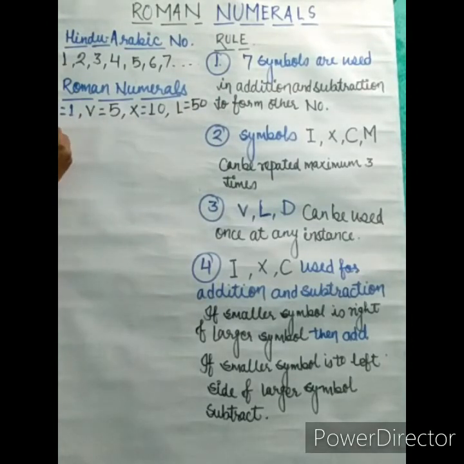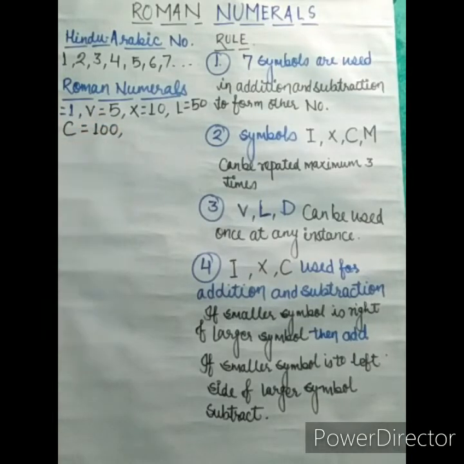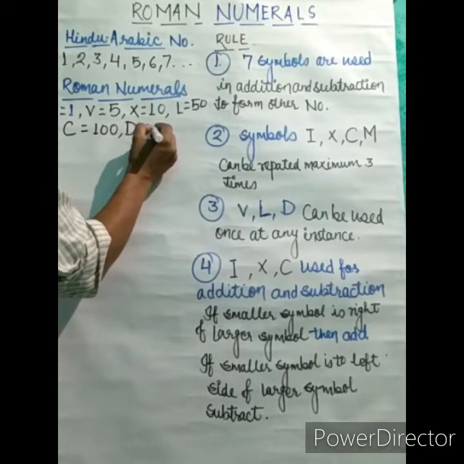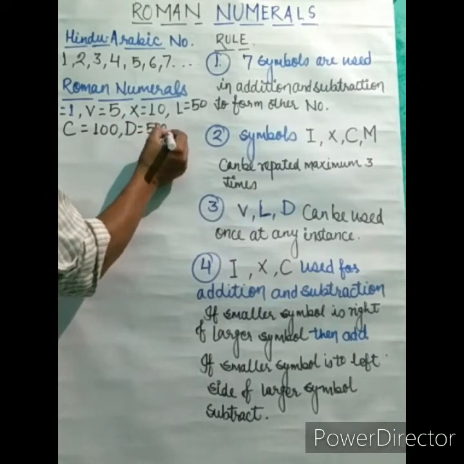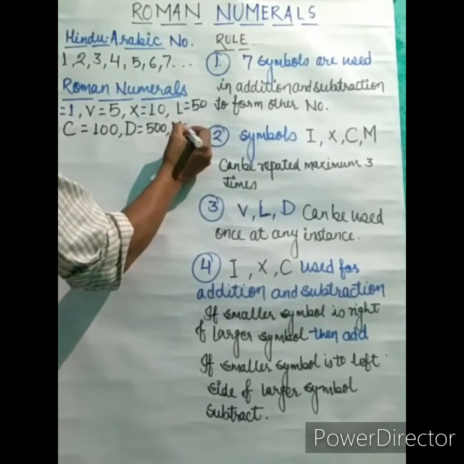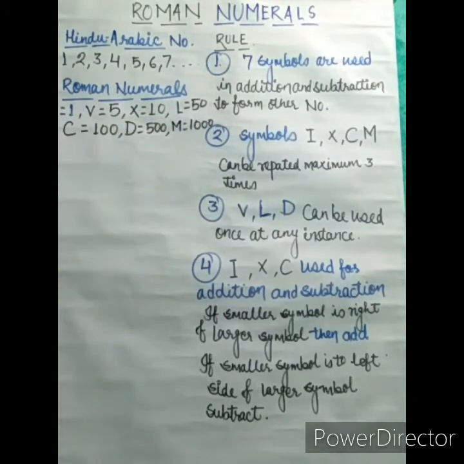Next we have C. C represents 100. Next to this is D. D represents 500, and M represents 1000.